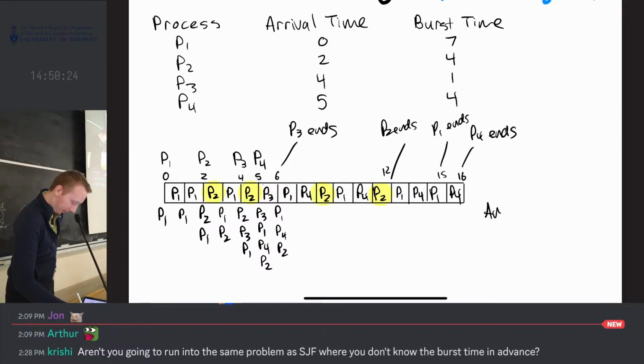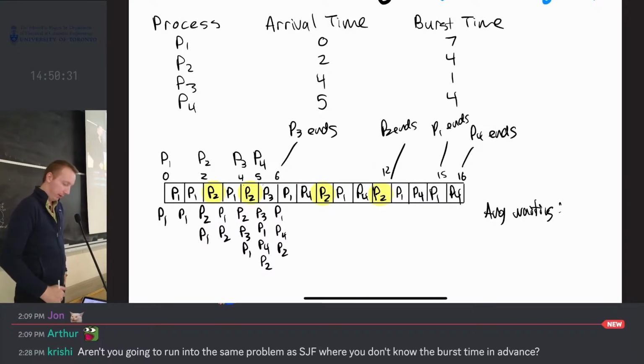Well, what's the average waiting time? For process 1, it ended at 15, and it came in at 0, so it was sticking around for 15 time units. It executed for 7 of those, so it must have waited for 8 time units. Next one is P2.